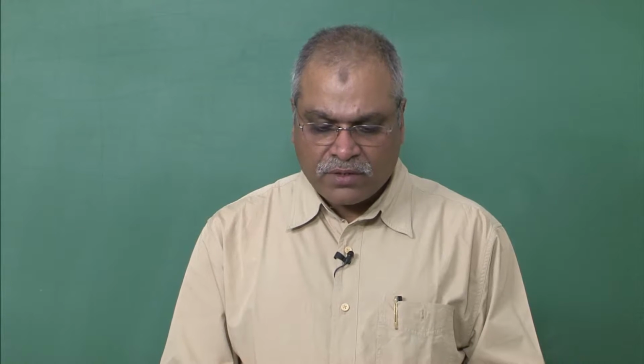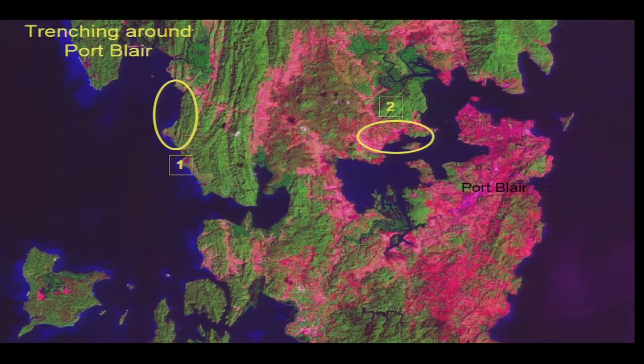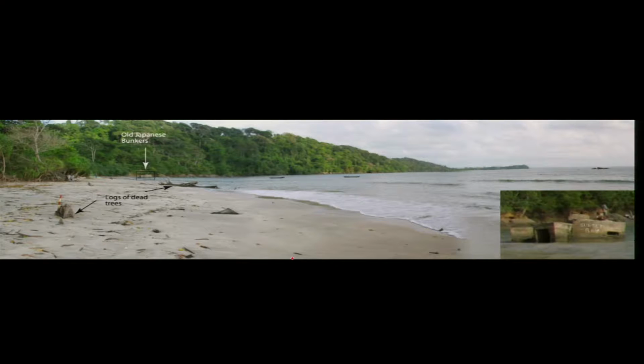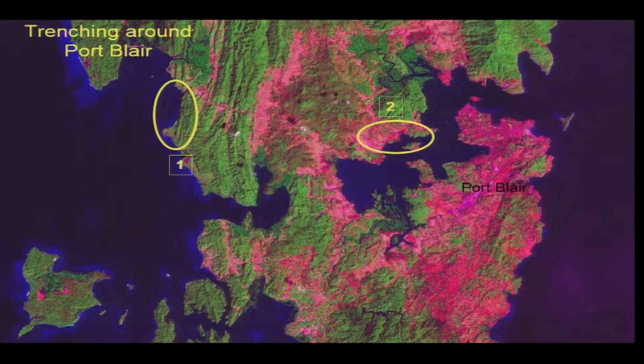So I'll just quickly show some signatures that we found in the Andaman area. This is the area, probably somewhere in this part, and then we move to this area here.